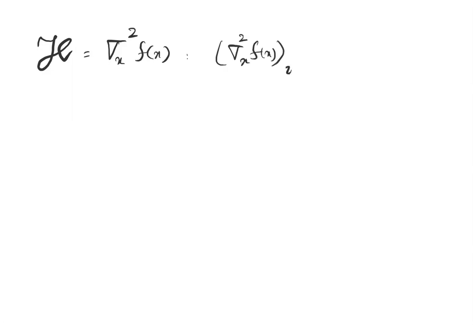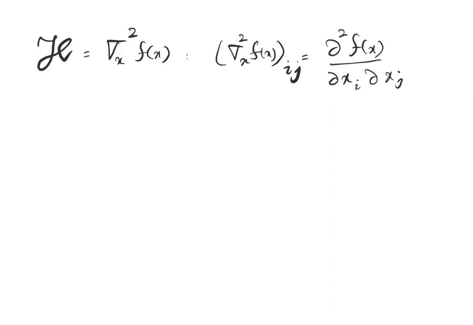And if I want to write the Hessian matrix of the function f in closed form, element ij of the Hessian matrix is equal to the second order derivative of f of x with respect to xi, xj.